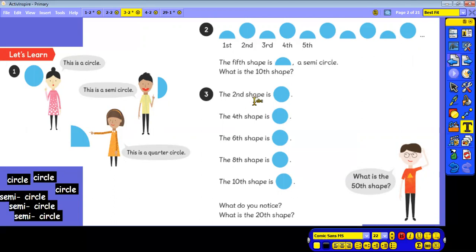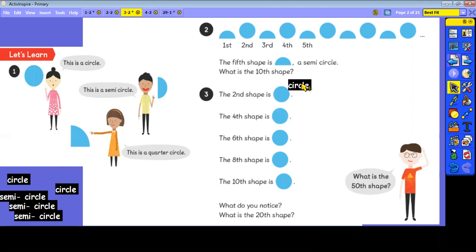Let's work through this together. The 2nd shape is, ta-da! A circle. Well done. The 4th shape is a circle. The 6th shape here is a circle.